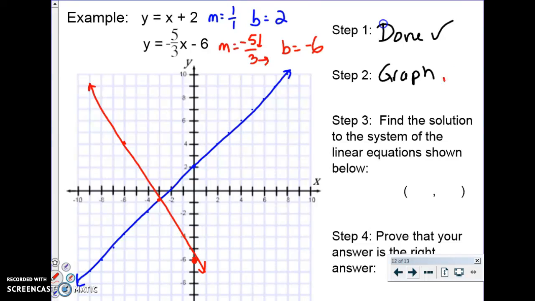So graphing is done. My next job is to locate where they intersect. That's the solution. And it looks like this is where they intersect. And that looks like I went backwards 3 in the x direction and then down 1 in the y direction. So my answer should be -3, -1.